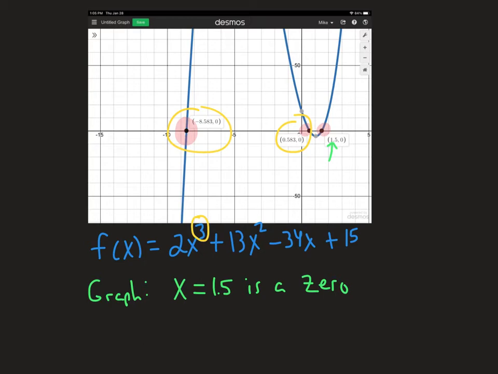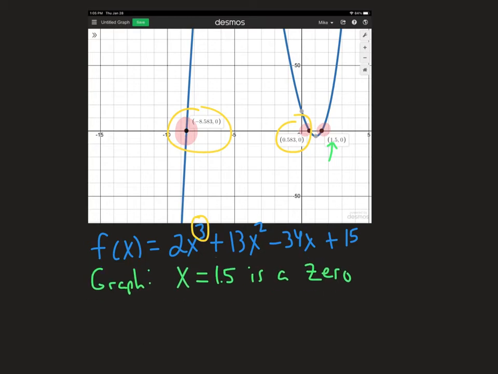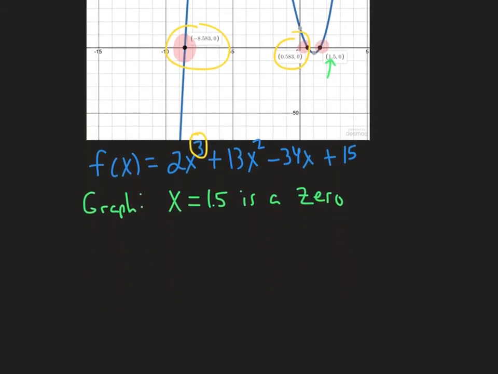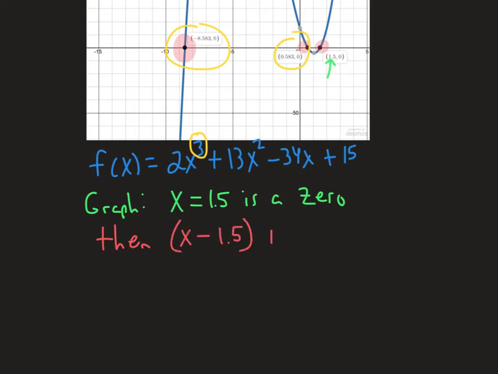We are going to say, since we know 1.5 is a 0, that means that x minus 1.5 is one of the factors. Remember, factors get set equal to 0 to get the zeros.